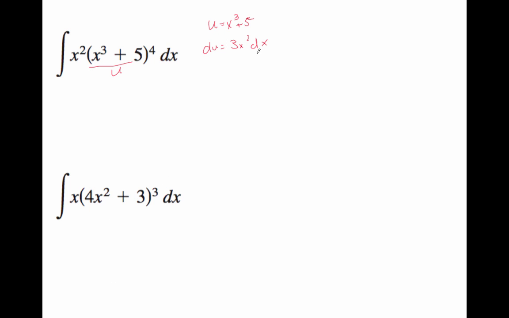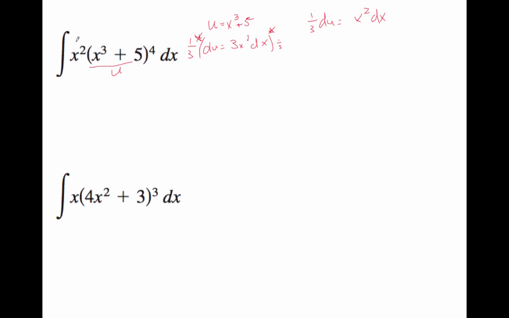And the problem is, I don't have a 3 inside this integral. I only have an x squared dx. So I've got to use this du equation somehow to get this to be just x squared dx. So here's an idea. Why don't I take the whole equation and multiply it by 1/3 on either side? Now I get 1/3 du equals just x squared dx.